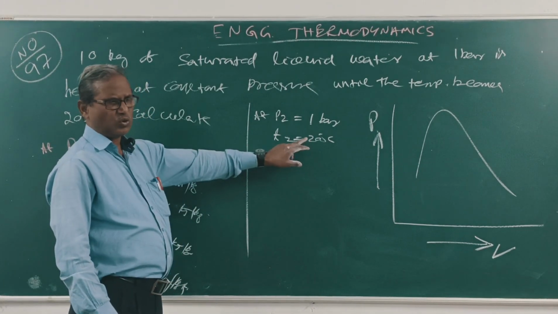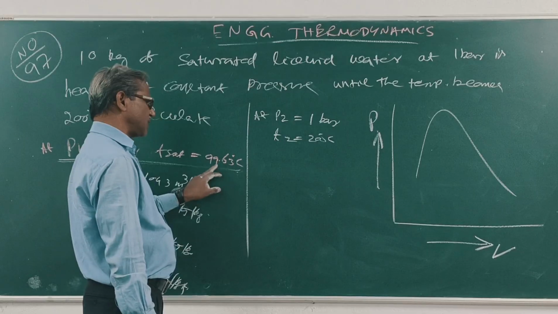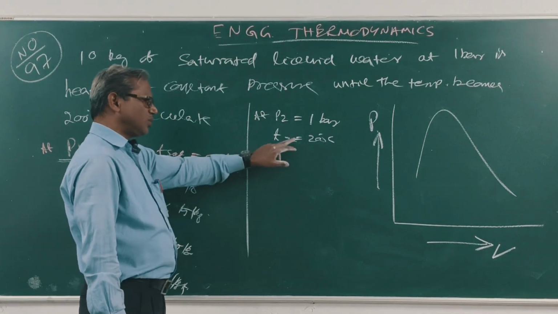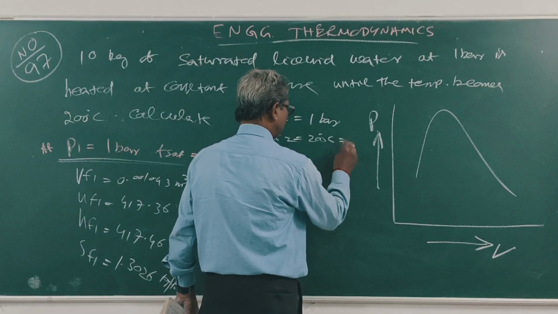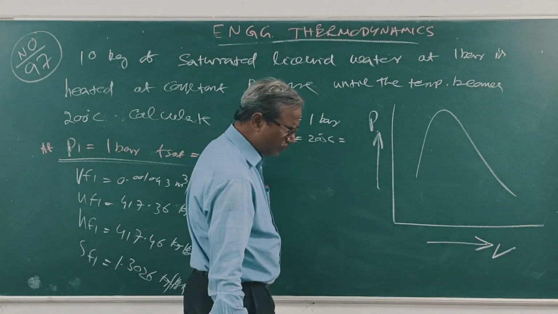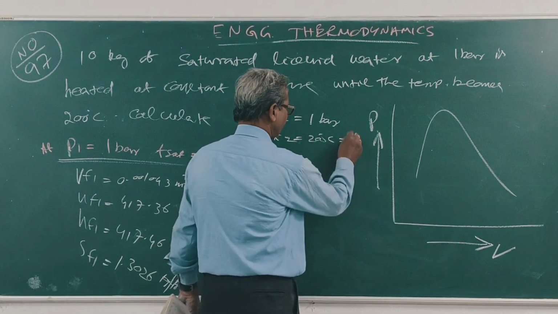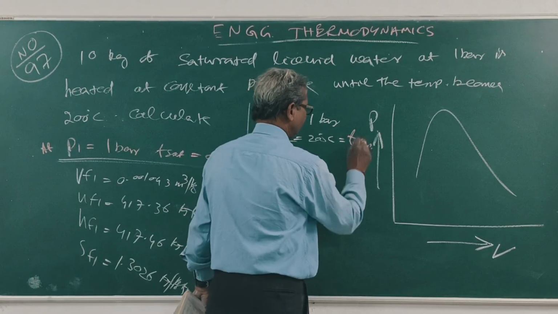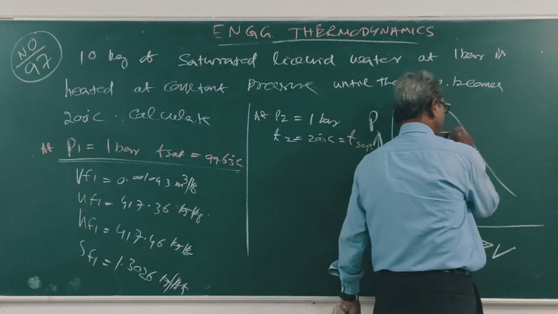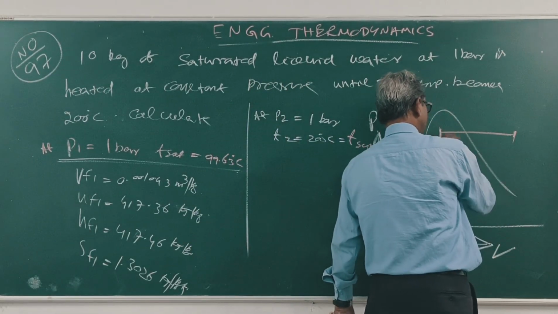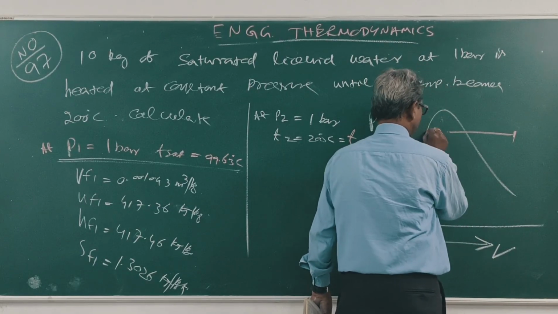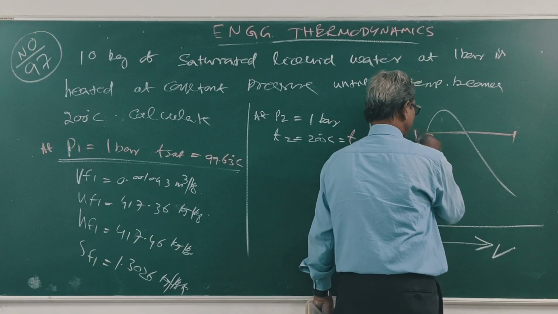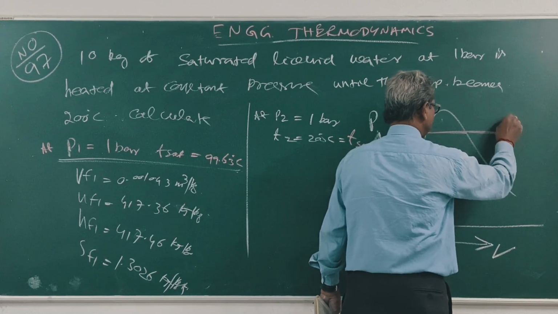This 200 centigrade is more than 99.63 degree centigrade, so the final condition is superheated, T superheated. Clear? This is 1, this is 2.